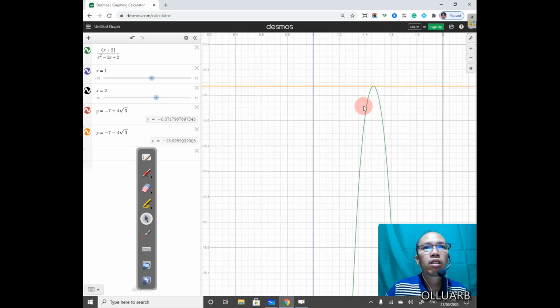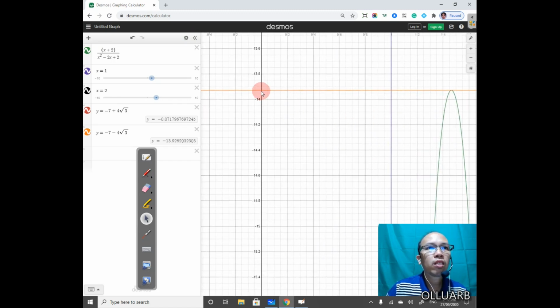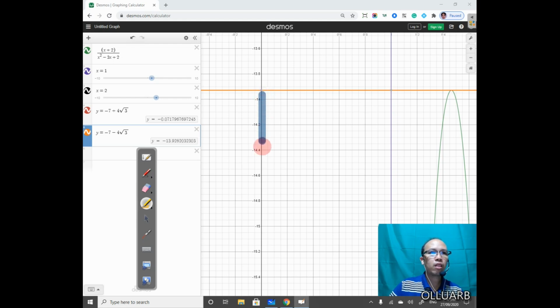That one is negative 13.928. So from negative infinity, this will start the range, downward.